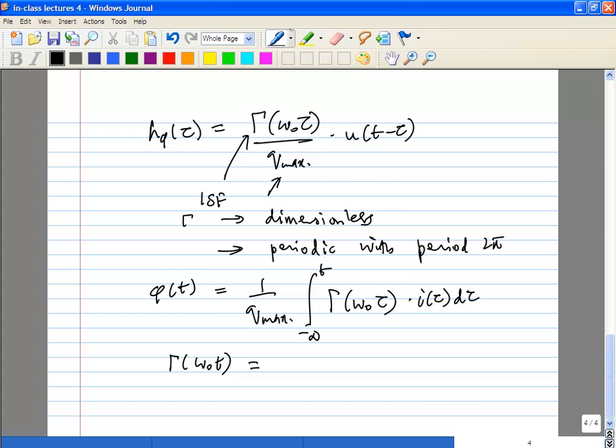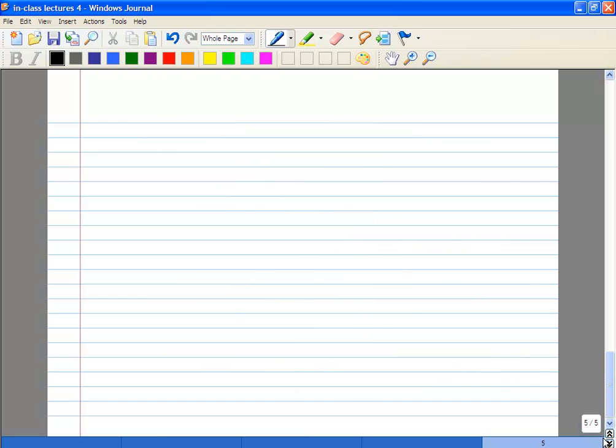Since gamma is periodic, you can also decompose it into Fourier series components. So you have the DC component and components at all frequencies.